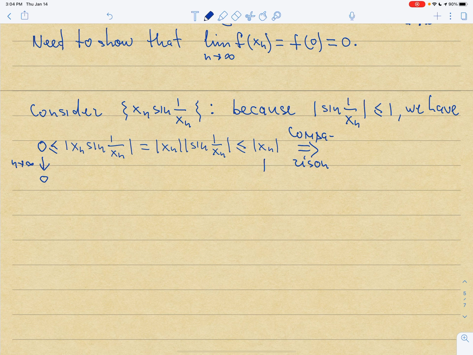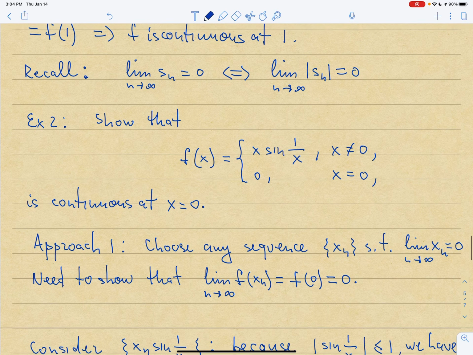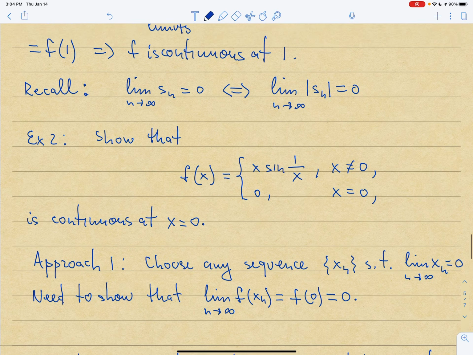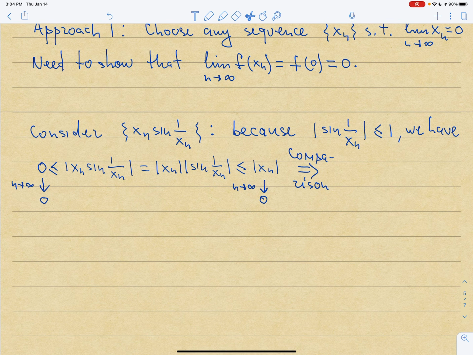The limit of xn as n goes to infinity is also 0, because that's how I chose my sequence xn. And so the limit of the absolute value of xn is 0 by this result that I recalled in the beginning, saying that the limit of a sequence is 0 is the same thing as saying that the limit of the absolute value of the elements of the sequence goes to 0. So that means that the absolute value of xn goes to 0, and then the term of my sequence is going to be squeezed between zeros.